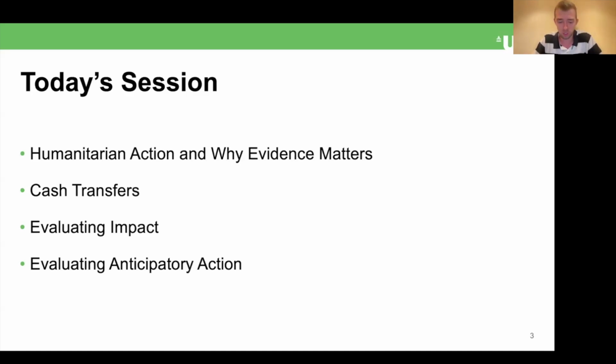Then we'll finish off with a discussion on how to evaluate an anticipatory action program, a relatively new element within the humanitarian action toolset, of which we will discuss an impact evaluation study.